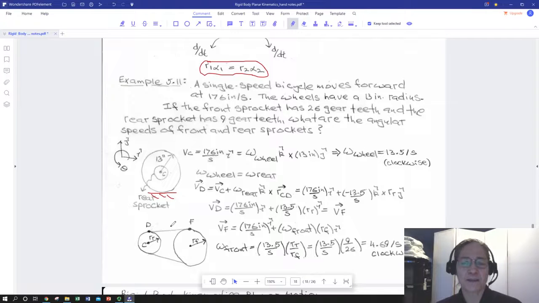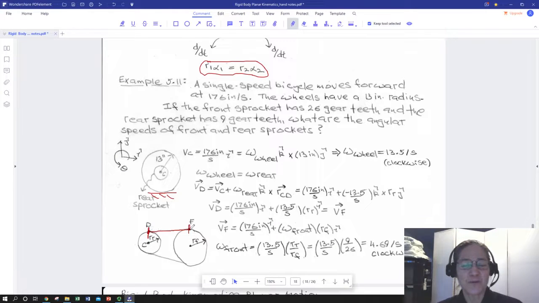So we end up having to set up an expression that relates velocities at contacting points being the same with that radius ratio via the gear teeth with the ratio of the angular velocities. And the important point to remember here, this is kind of a throwback to our Unit 1 related rates. These two gears are meshed indirectly via a chain.